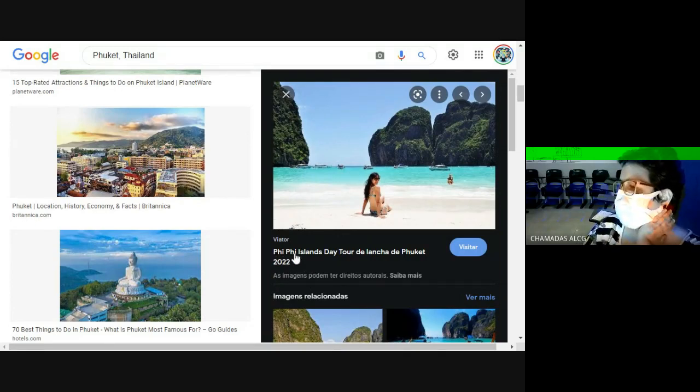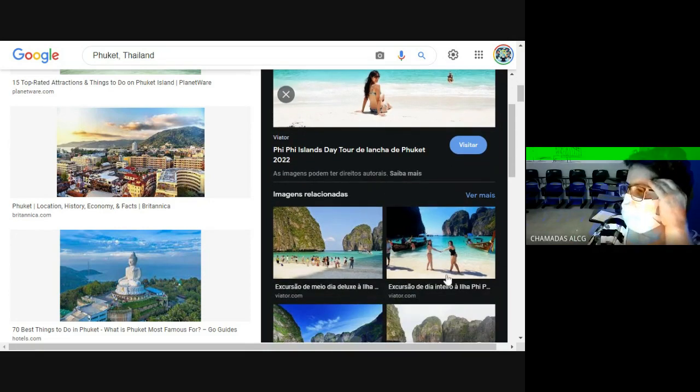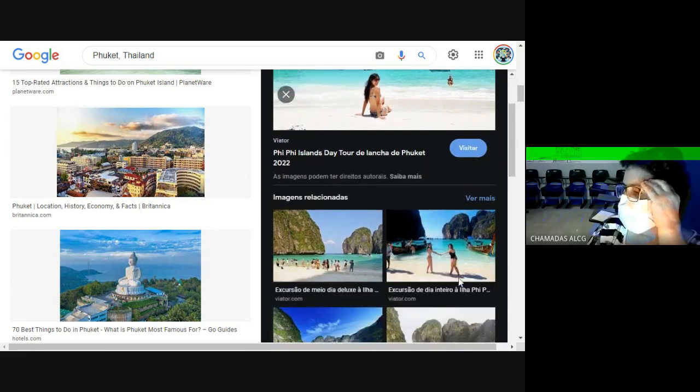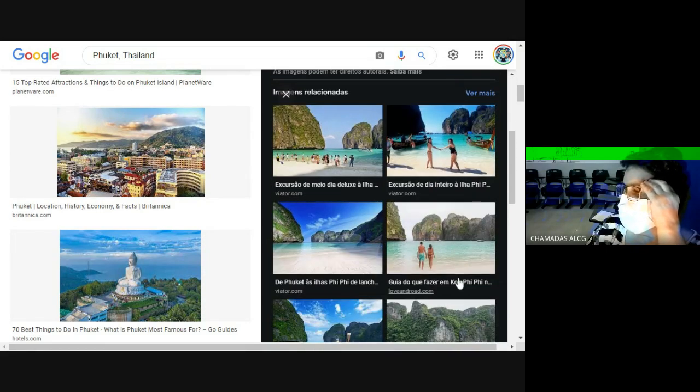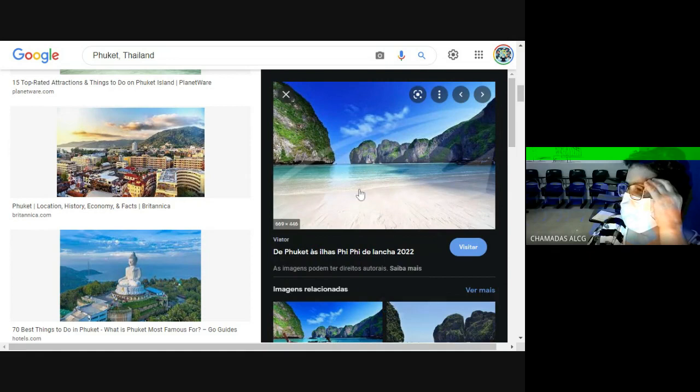There's also Fifi. The Fifi Islands, they are beautiful too. You can take a motorboat from Phuket, and then you can go to Fifi. Fifi is wow. My goodness. No, it's paradise.